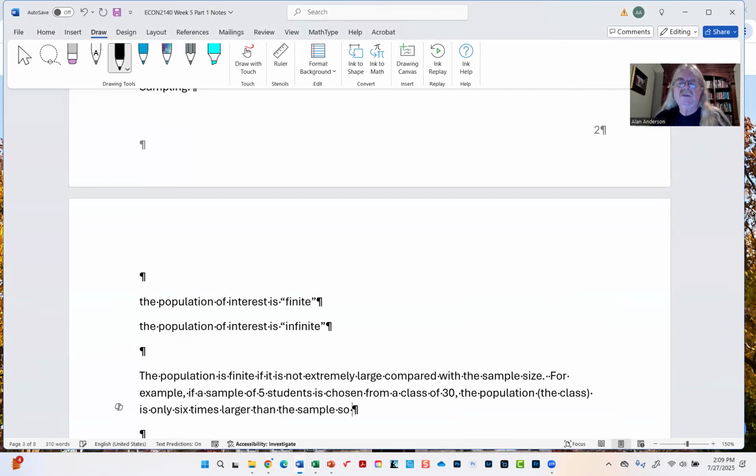So this would be considered, and you can express this in two different ways, a large sample or a finite population.